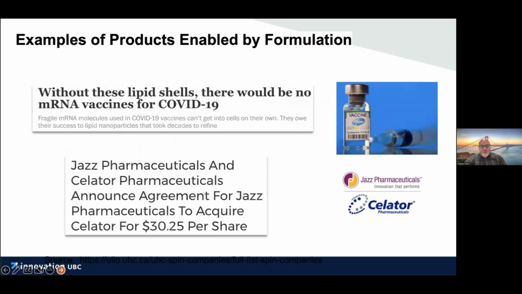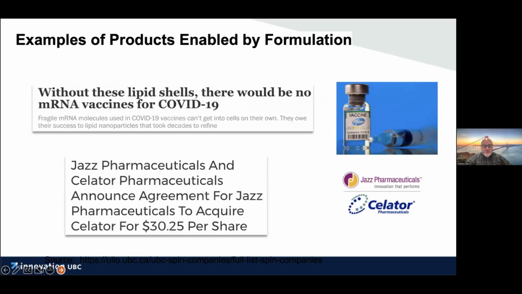And many of you, some of you may have been involved in products that have been enabled by formulation. I remember when we first heard about COVID, I don't think anybody thought that the nanomedicine and the mRNA vaccines would be the first approved and the most efficacious in the space.